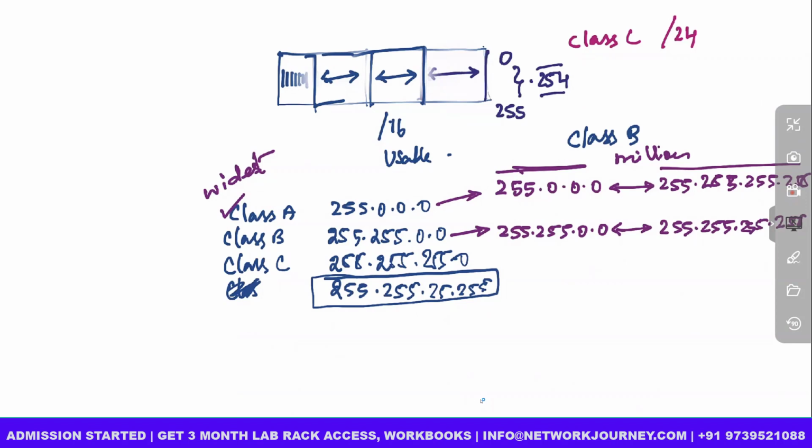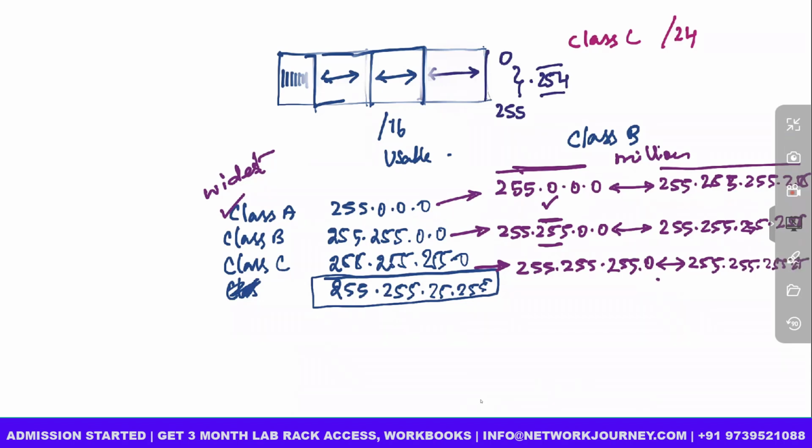So definitely a bit less than class A because you already have one block completely blocked, which you cannot use, whereas in class A that was usable. So a bit less. But when compared to class C, you still have a lot of IPs. And in class C, you are just left with the last octet. So this starts with this and goes till this.